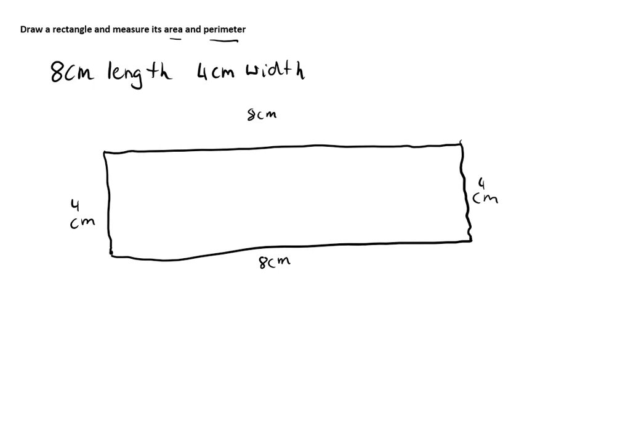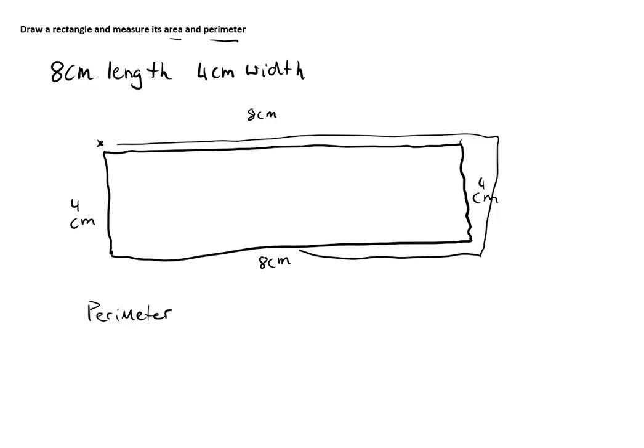So first of all, to measure its perimeter. The perimeter then is the distance from a point all the way around the edge of the rectangle and back here.